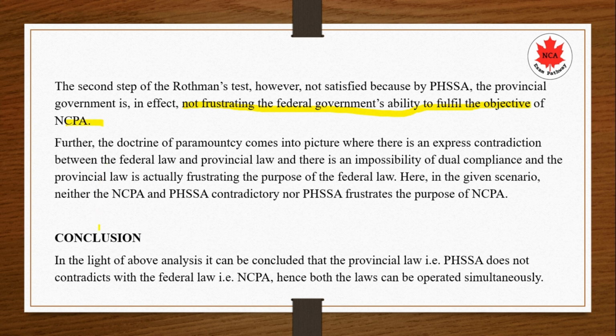Further, the doctrine of paramountcy comes into picture where there is an express contradiction between the federal law and provincial law, and there is an impossibility of dual compliance, and the provincial law is actually frustrating the purpose of the federal law. Here in the given scenario, neither are the NCPA and PHSSA contradictory, nor does PHSSA frustrate the purpose of the NCPA.